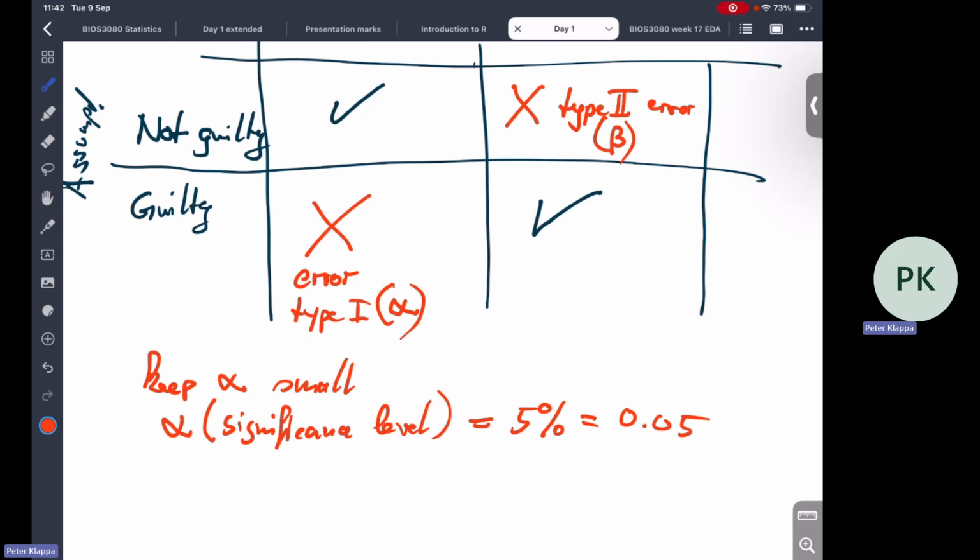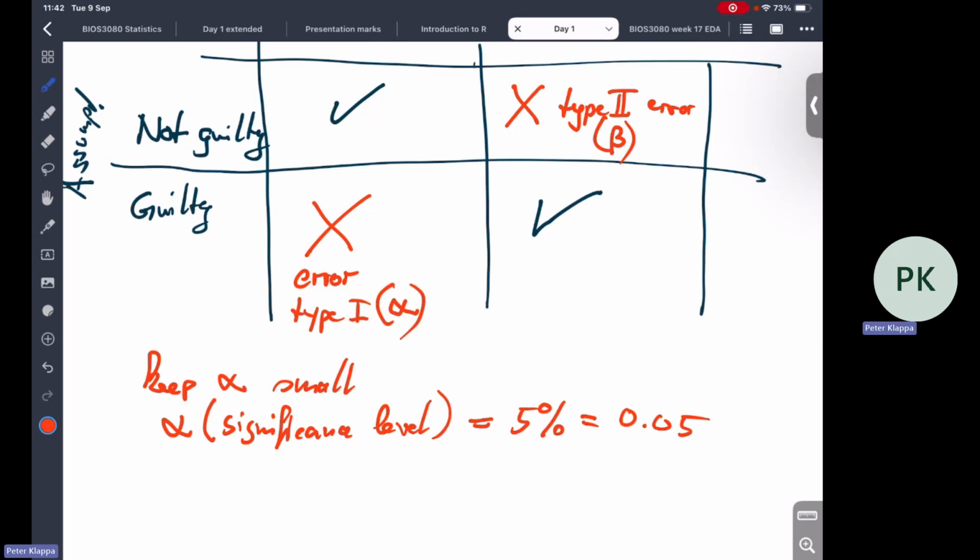So, yeah. So, very often we set alpha, the significance level, to 5%. In other words, 5% of the time we make the wrong decision. Or I can also say 95% of the time I make the right decision.